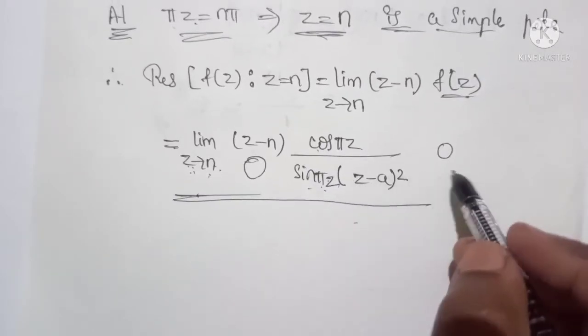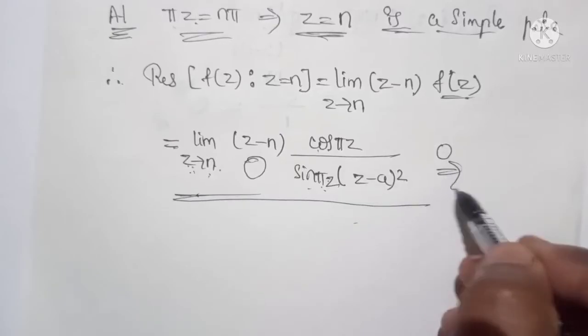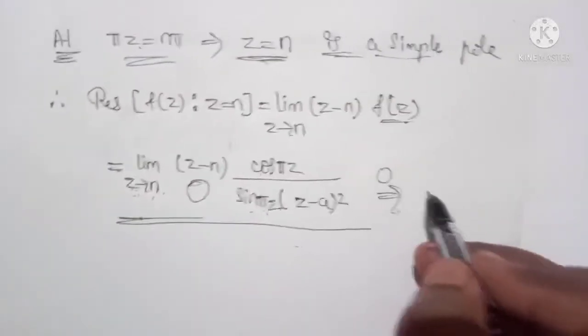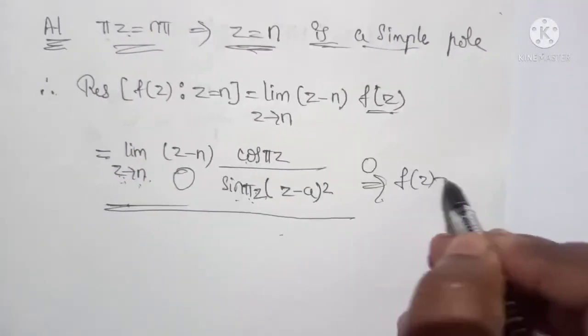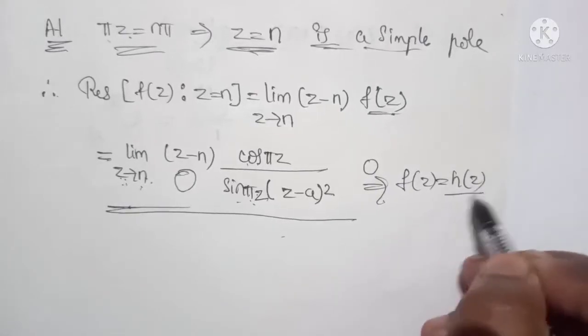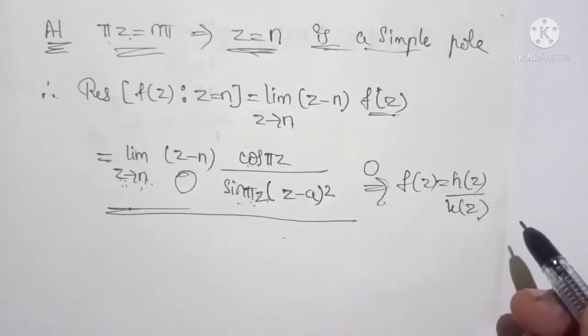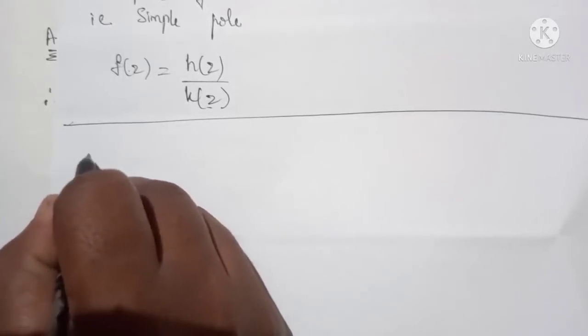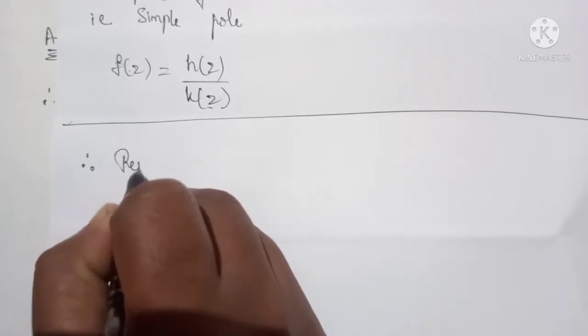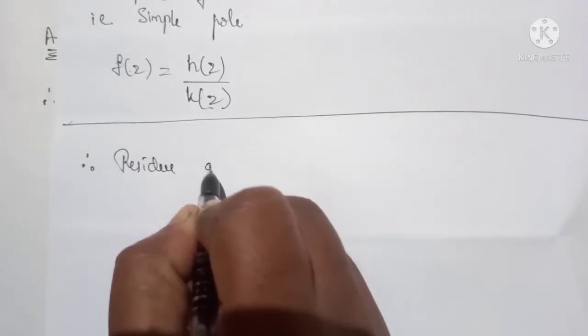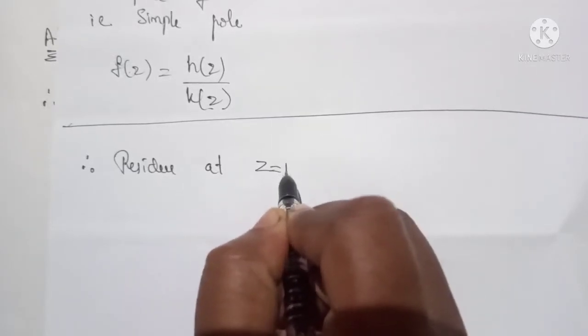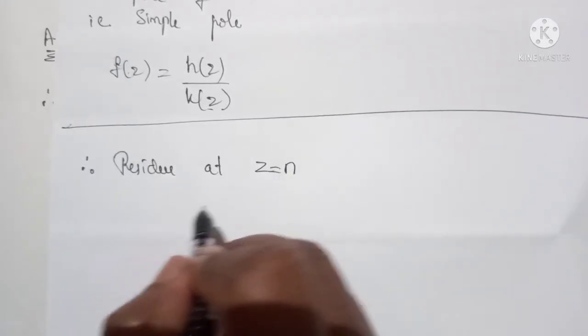So therefore we reduce this function at this pole, f of z, as h of z divided by k of z. First the residue at z equals n.